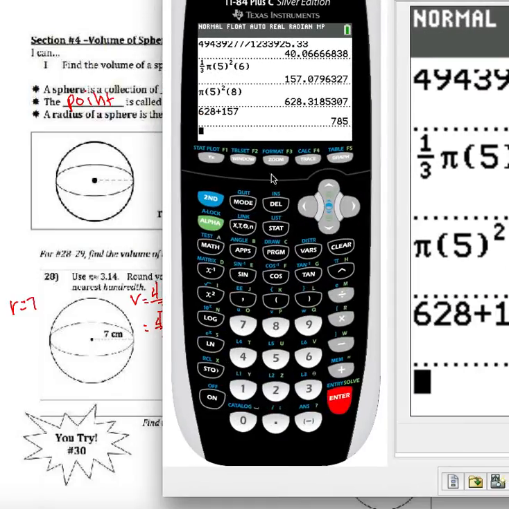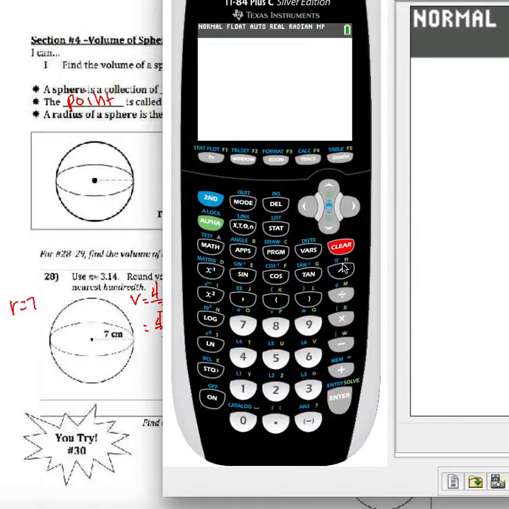When we go to our calculator, we're going to do alpha y equals to get our fraction. We're going to do 4 over 3, get out from underneath our fraction, do 3.14 times 7 to the third.